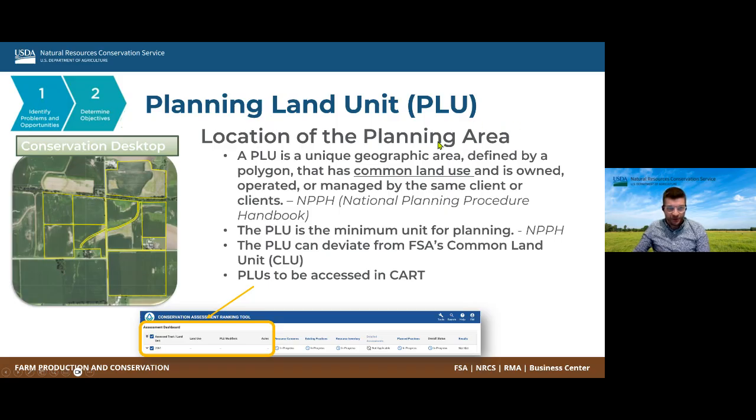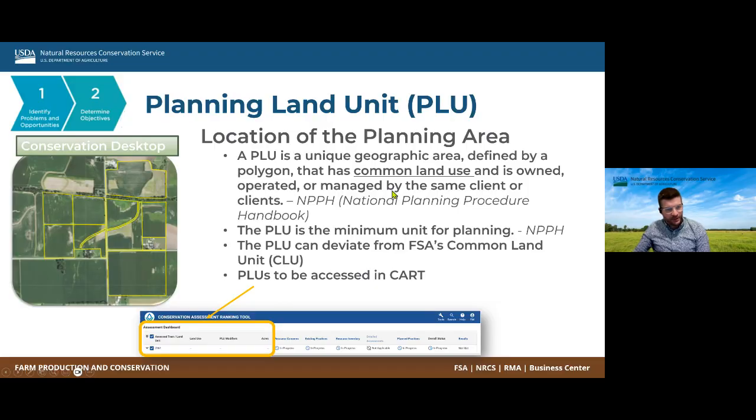That PLU is a unique geographical area defined by a polygon that is a common land use and is owned and operated or managed by the same client or clients. You will not see guidance in regards to setting a PLU programmatically. This is a technical decision. This is our minimum unit of planning, again, derived from the National Planning Procedures Handbook, if you wish to do some additional reading on that.